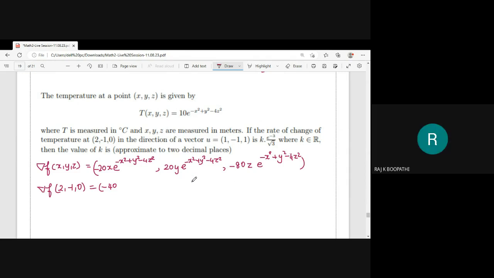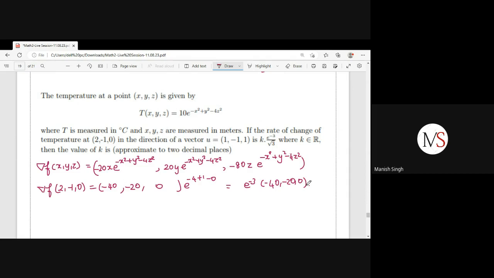Maybe we can keep the e power outside because it is common for everything. e power minus 4 plus 1 minus 0, which is e power minus 3. Here 20 times y value, which is minus 1, so minus 20. And z value is 0. So the vector is e power minus 3 times (minus 40, minus 20, 0).